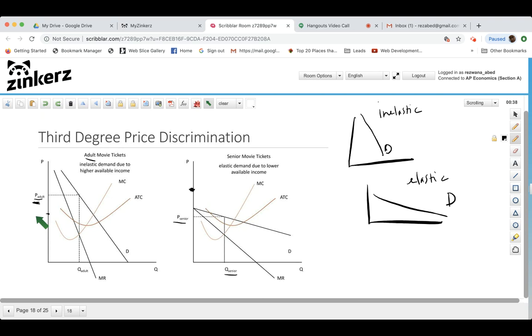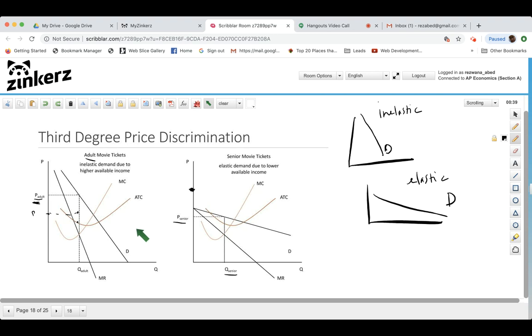Maybe your price is still above your average total cost, but the amount of profit you're making is going to be a lot less. It's going to be from here till here, and before you were making all of this profit. So if you set your price over here, you're going to be reducing your profit box. Does that make sense?